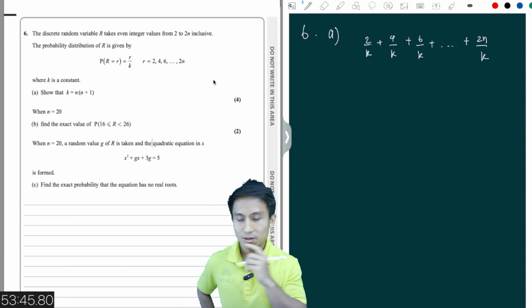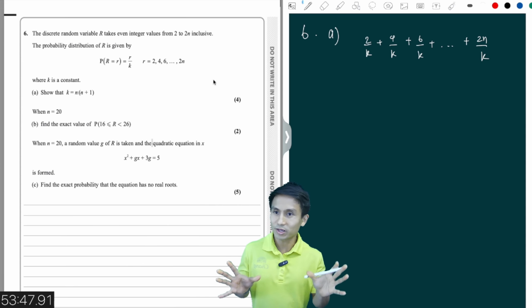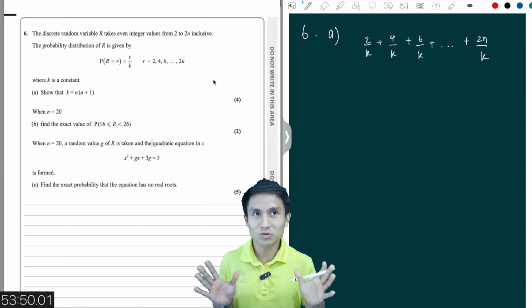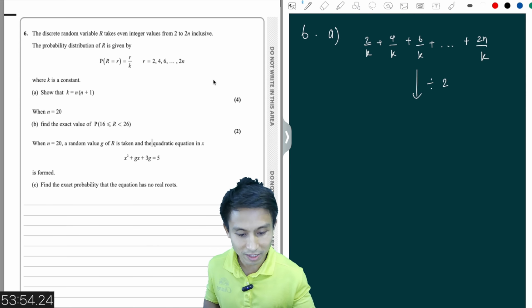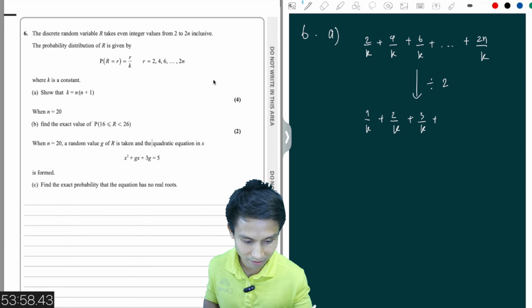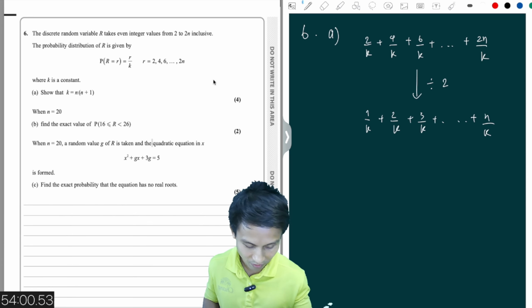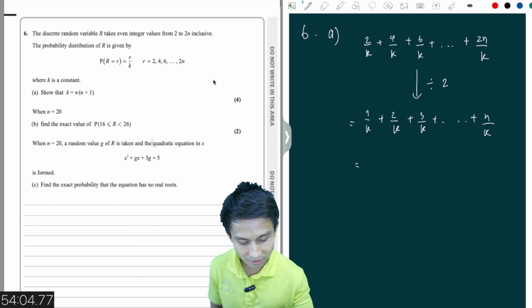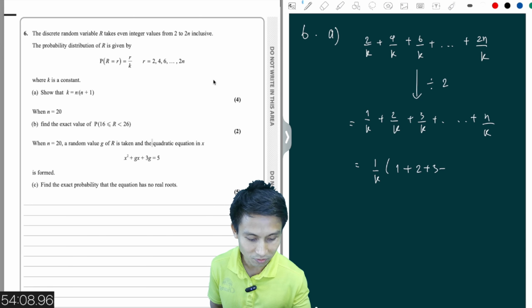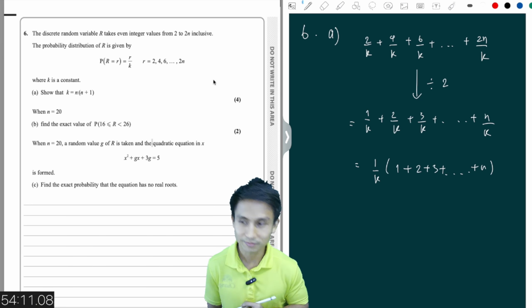Now, because this is weird series, we know something simpler. If you divide the whole thing by 2, you get 1 over k plus 2 over k plus 3 over k plus n over k, right? And then you can factor 1 over k out, and that will be 1 plus 2 plus 3, all plus to n.